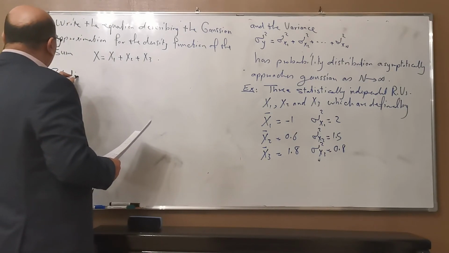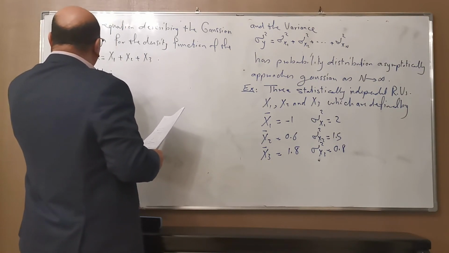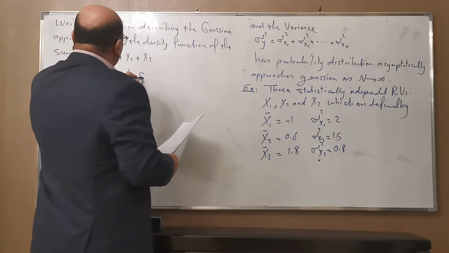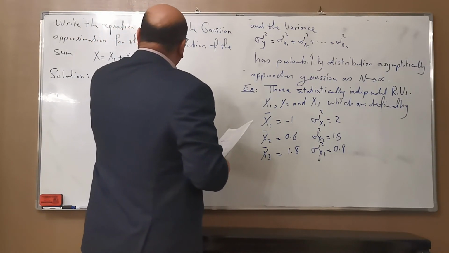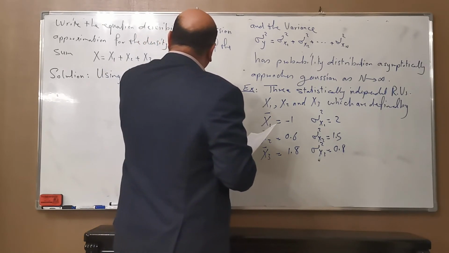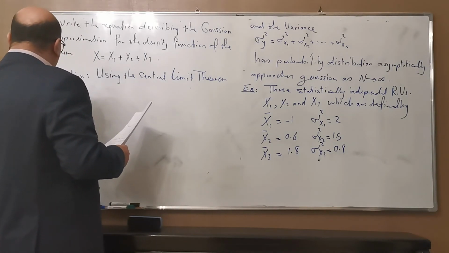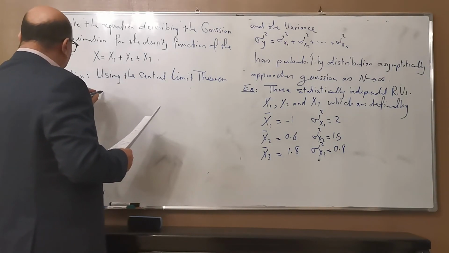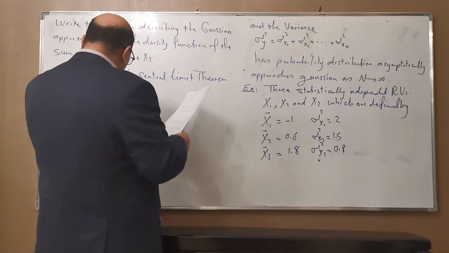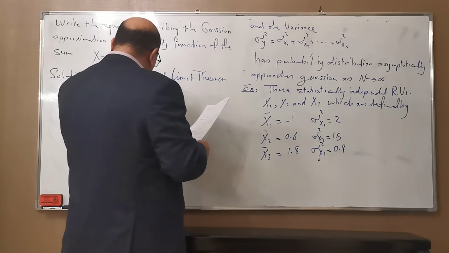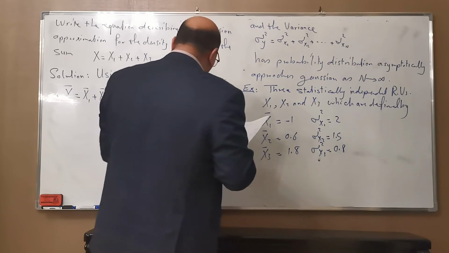So as a solution, we can use the central limit theorem. We can say that x bar equals x1 bar plus x2 bar plus x3 bar, which equals -1 plus 0.6 plus 1.8, and this equals 1.4.